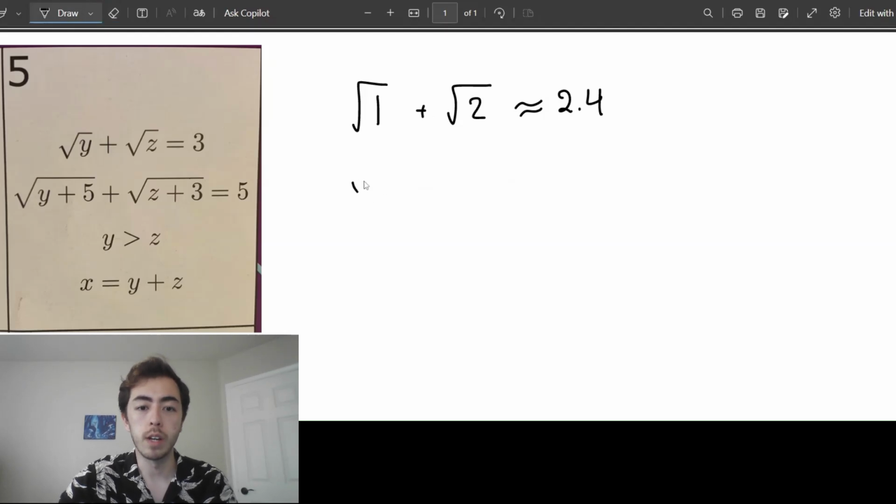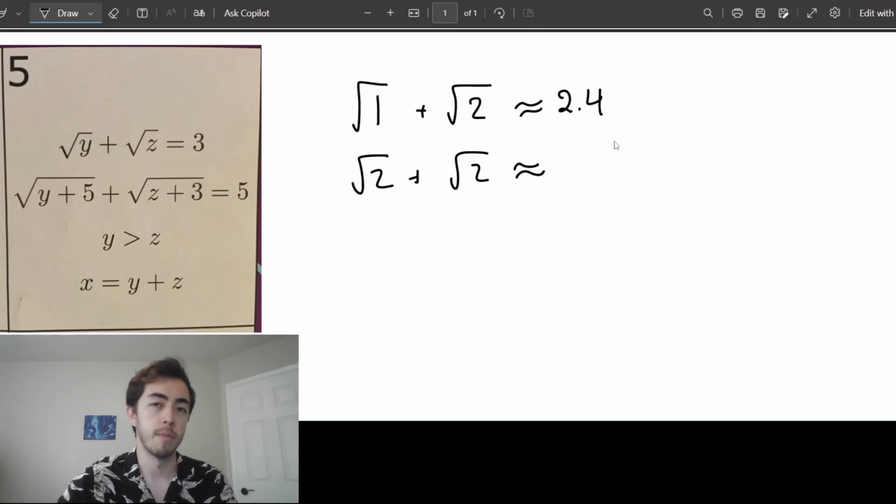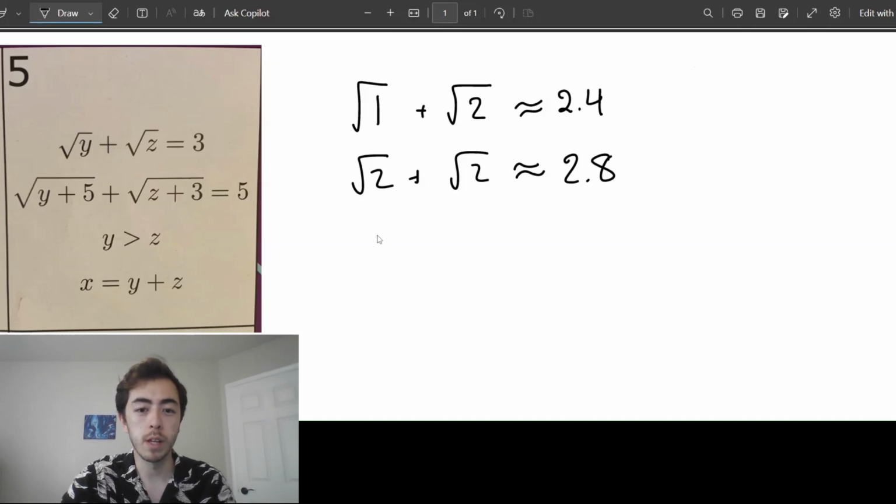And then if I do root 2 plus root 2 with that approximation of about 1.4, this will give me 2.8. So I'm getting fairly close. So y and z are probably around 2, maybe like 1's 1 and 1's 3. Essentially, they're going to be pretty small numbers.